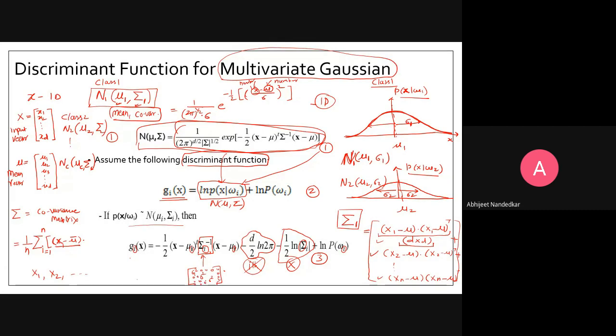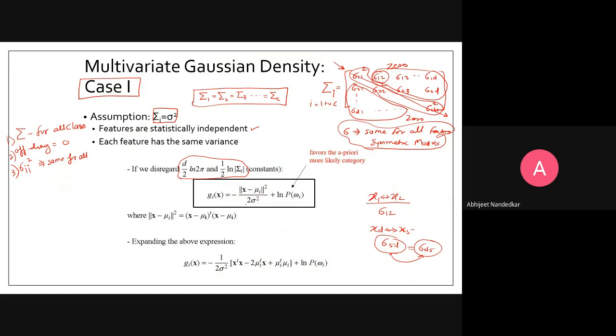If this is the case, then this product will be simplified to this thing, provided all sigmas are the same and all the features have the same variance. Because of this second line, we can write like this.